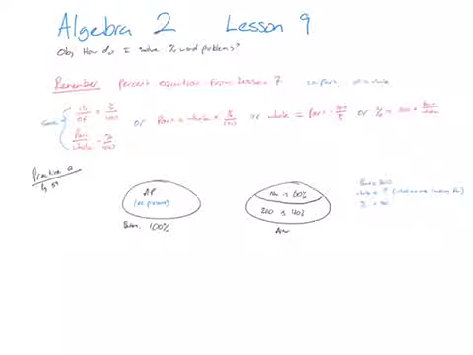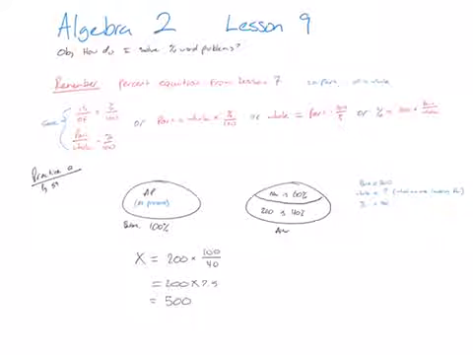So we're going to say the whole, which I'll call x, I don't know that one, is equal to the part, which is 200, times 100 over the percent, which is 40. It's going to be 200 times 2.5, which is 500.